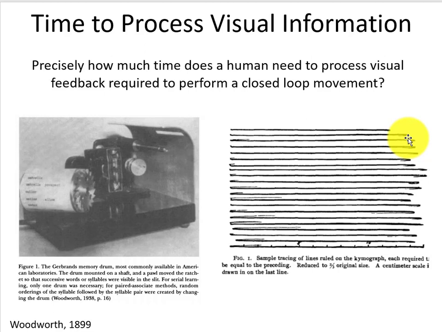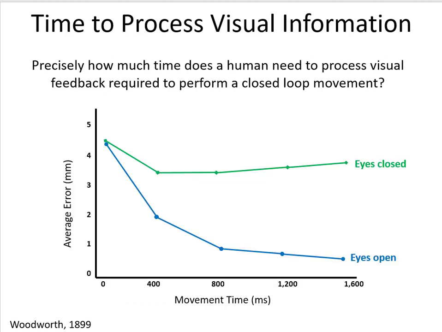For the purposes of today's talk, we're just going to focus on the eyes open and the eyes closed condition, and what we're going to look at is how much error they had relative to the length that they were asked to draw. And so what I'm doing is I'm plotting here for you on the vertical axis, the average error in millimeters.